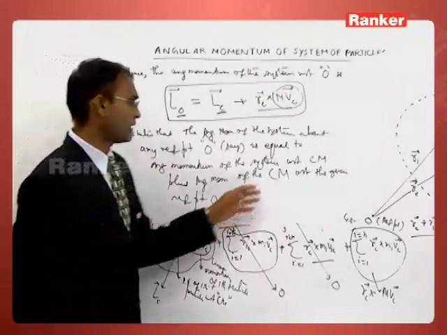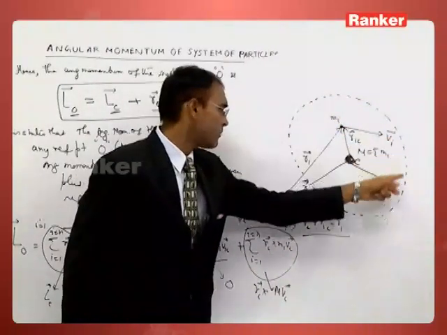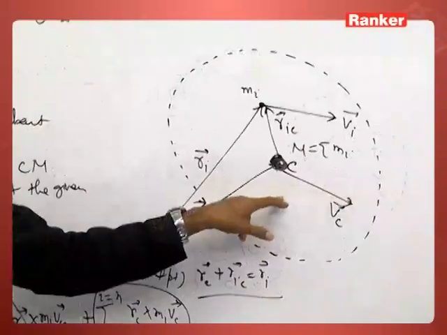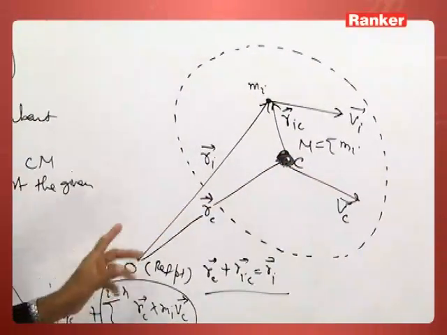So angular momentum of the entire system with respect to this given reference point is equal to angular momentum of the same system measured with respect to the center of mass frame plus the angular momentum of the center of mass measured with respect to the given reference point.